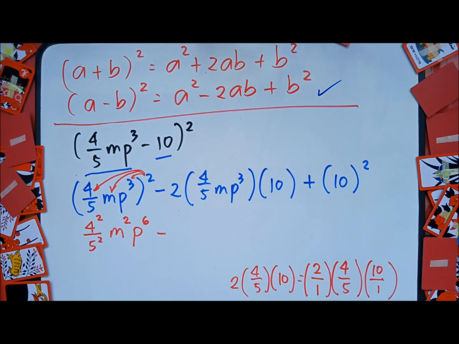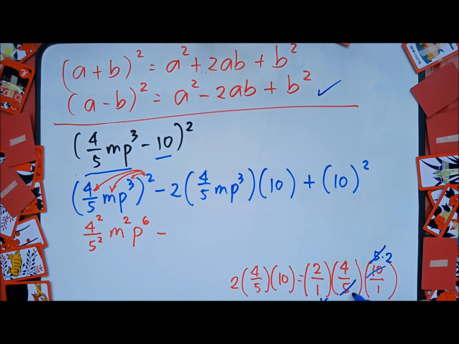Now, I guess we have to use the cancellation method. No, let's forget the basic. So 10 is 5 times 2. Now remove the 5 in the numerator, remove the 5 in the denominator. What will remain is 2 times 4 times 2. 2 times 4 is 8. 8 times 2 is 16.